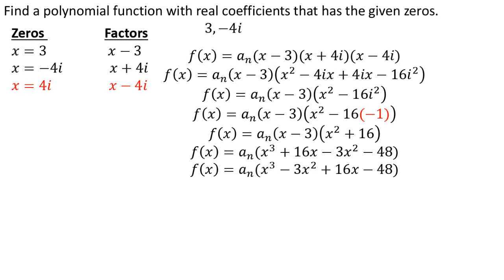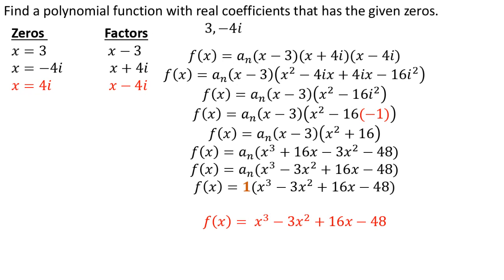So we have x cubed minus 3x squared plus 16x minus 48. Now, what we're going to do is we can use 1, because 1 is going to give us this polynomial, x cubed minus 3x squared plus 16x minus 48.